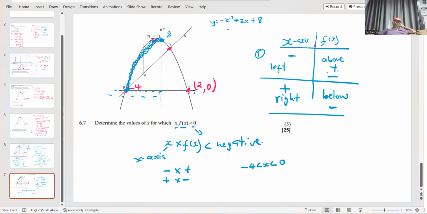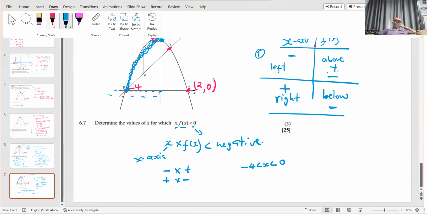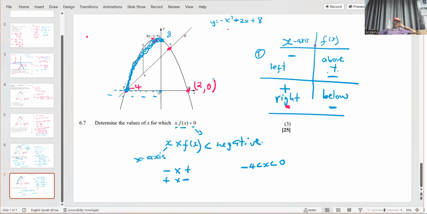Now I need to look at this one now. The right side. So on the right side, then graph has to be below. So from here, it's still above. So from below, it's here. After 2, the graph is now below. So x must be greater than 2.